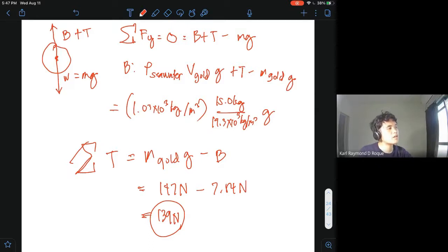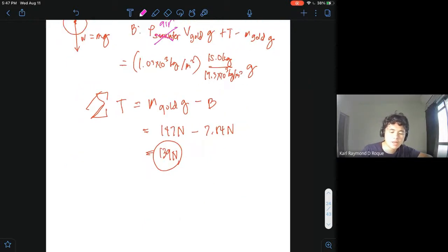Okay. Letter B, out of the water. Actually, same equation, no? Papalitan mo lang to ng air. Pero actually, yung air kasi sobrang liit lang ng density niya. 1.20 lang siya, sobrang lapit niya sa 0. So actually, kahit ito lang yung gawin niyo for letter B, okay na.